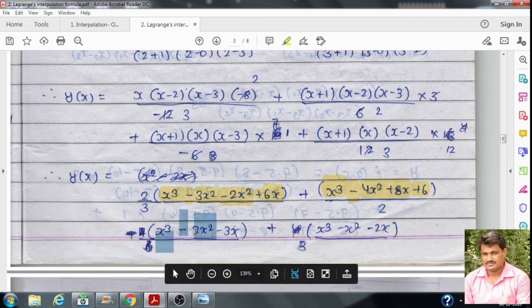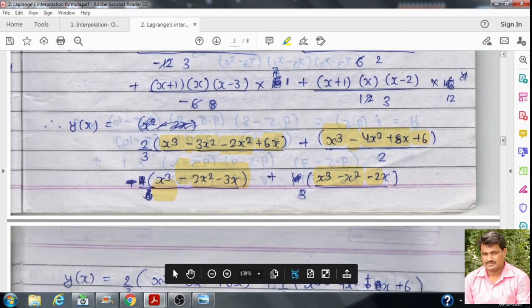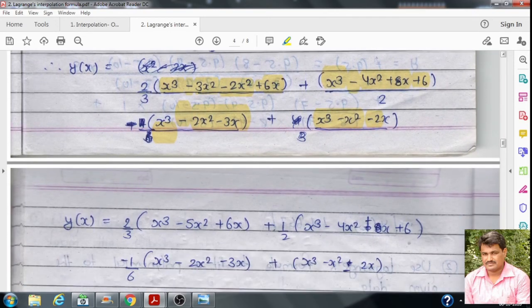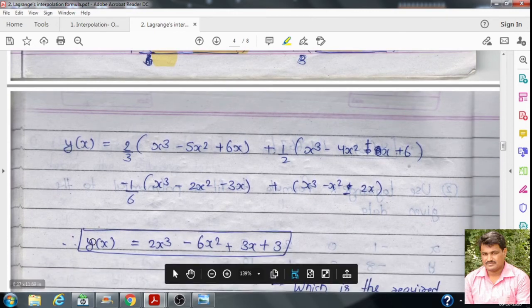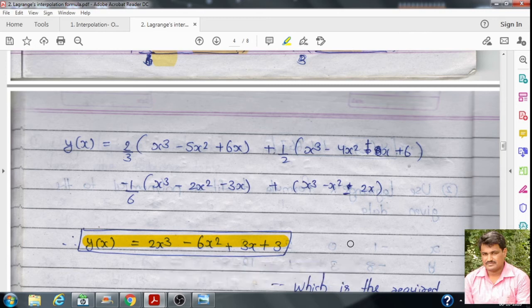And then this is the third polynomial, and this is the last polynomial. And then we take the addition as per the powers of x. And if we take the addition and simplification, we get y of x is equal to 2x cubed minus 6x square plus 3x plus 3. And this is the Lagrange's interpolating polynomial for the given data.